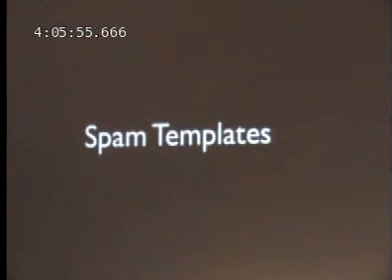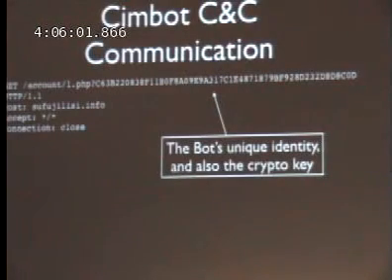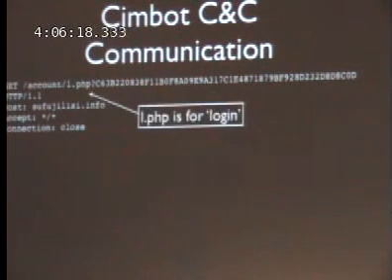So all the spam bots have been encrypting their templates lately. Symbot, for example, generates this big string here off of the system volume ID and the CPU ID and the machine name and so forth. Anyway, it's basically just a big random number. It uses that to log in.